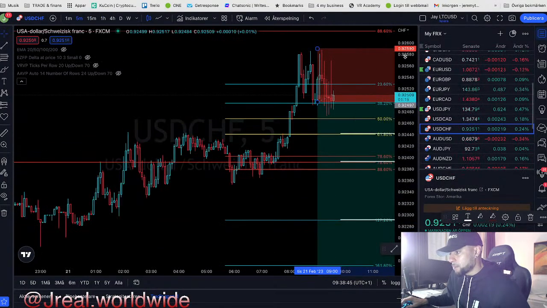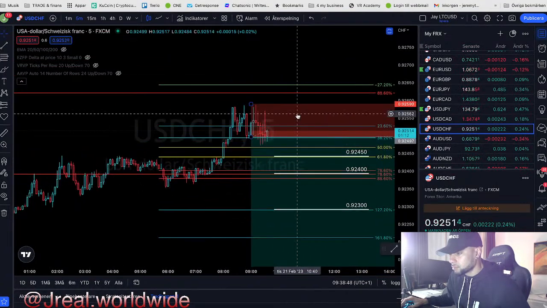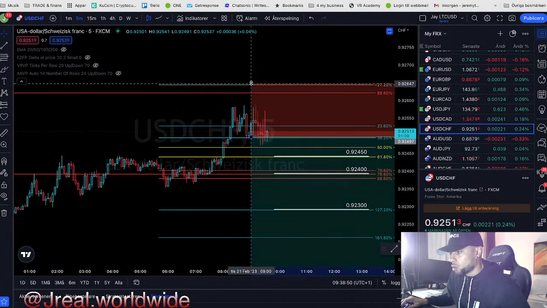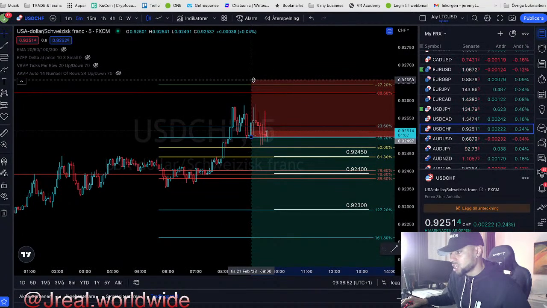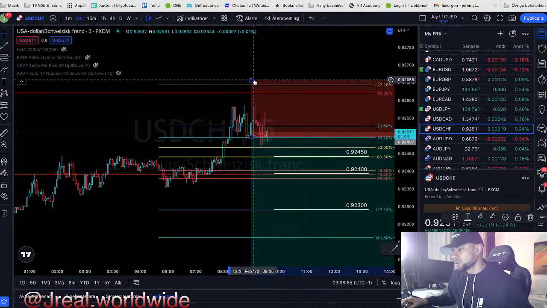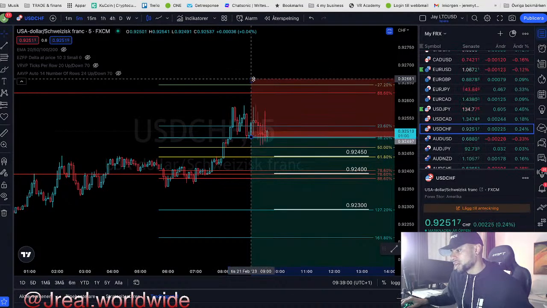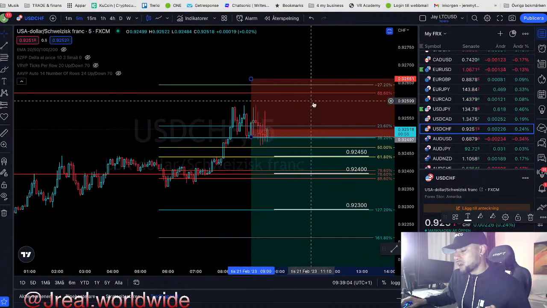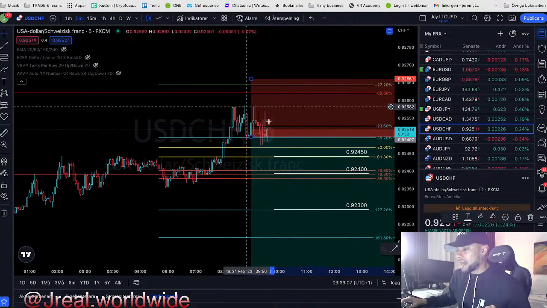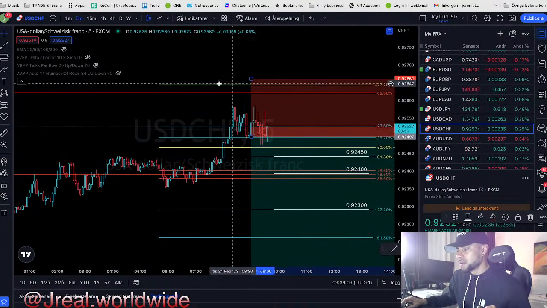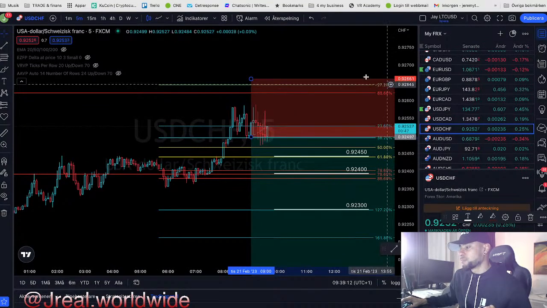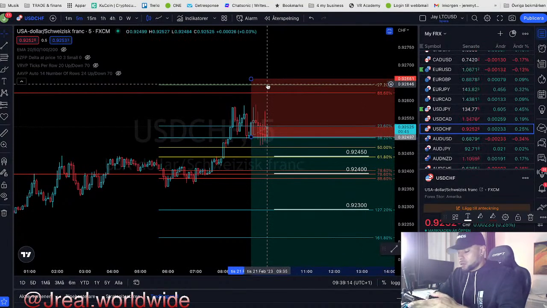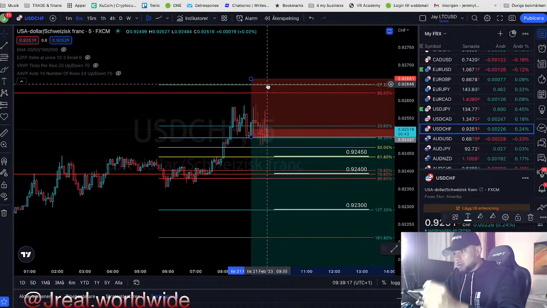And looking at that, now we are okay with putting the stop loss at 0.92660, just above the supply zone and just above the Fibonacci 27.2 extension, which we know the market loves to reject.